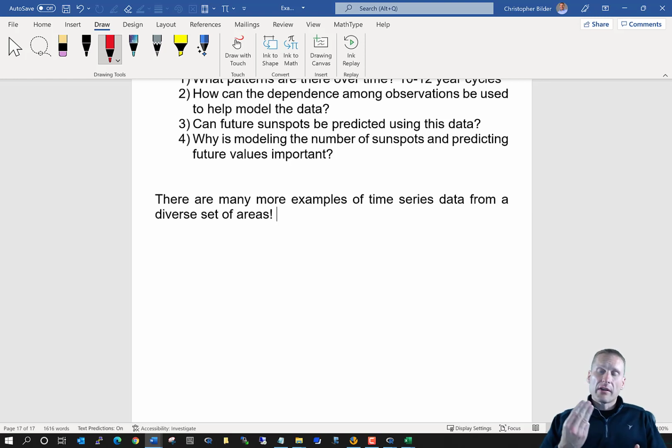And then also the last thing here is understanding why we are doing this. Why is this important? How are we going to predict, forecast the future? Well, we have to understand this dependence, and that will be the subject of topics as we go along. So with that, that was an introduction to the type of data that we are going to be examining this semester.